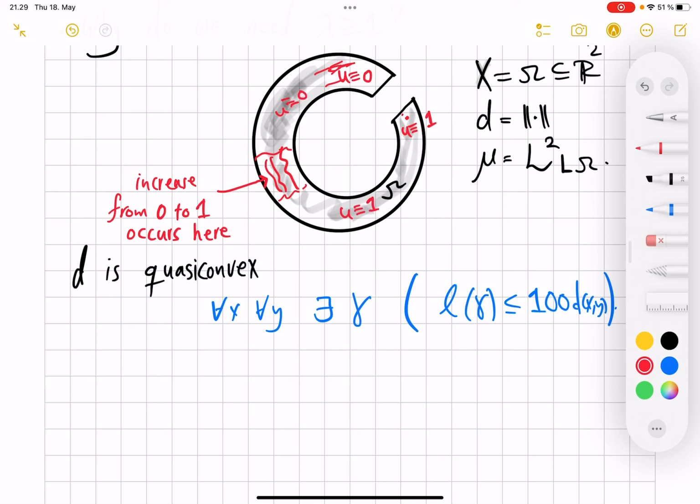Now, if you take a ball which is centered at this point, and you take the radius this much, you will see that, again, u minus u_B is non-zero.